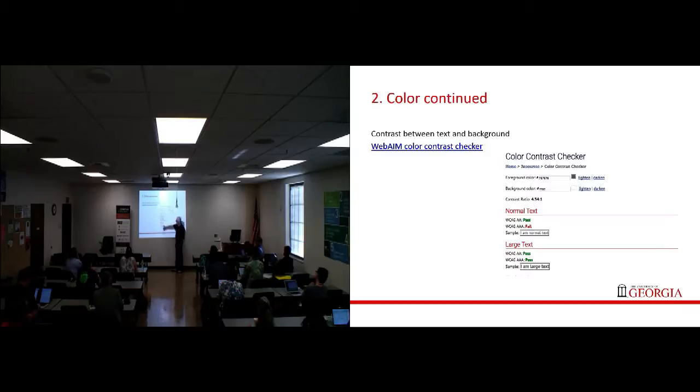So you've got to pass AA. You could pass for normal text, it might not pass if it's a light gray, but for large text it will pass. But everything on your website, when you're creating a theme to your website, you need to check all the colors in contrast to make sure that there is nothing there that will cause people not to be able to see the information.